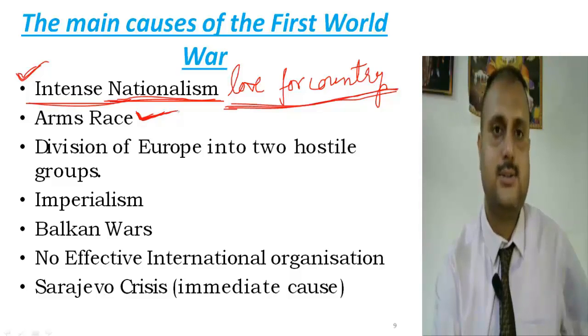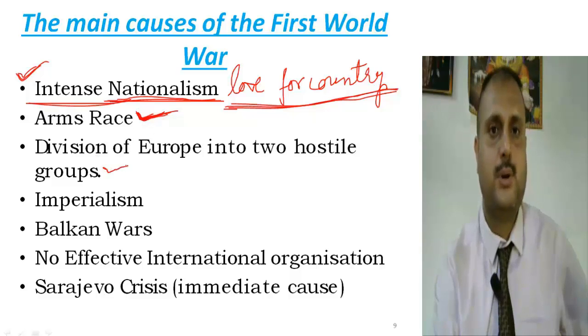But the real intention was strengthening their military power. Why would any country increase its military power? Obviously, to spread its control over another country, which ultimately leads to war. So the arms race was also responsible for the First World War.